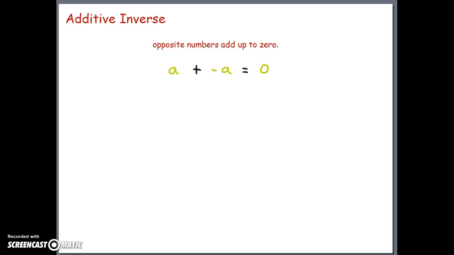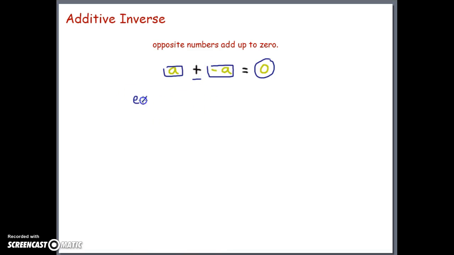The second identity that I would like to talk about is the additive inverse. The additive inverse is opposite numbers add up to 0. So you can see here we have a positive A and we've got a negative A, and when we add these together they add up to 0, and they will always add up to 0 no matter what the opposite numbers or variables are.